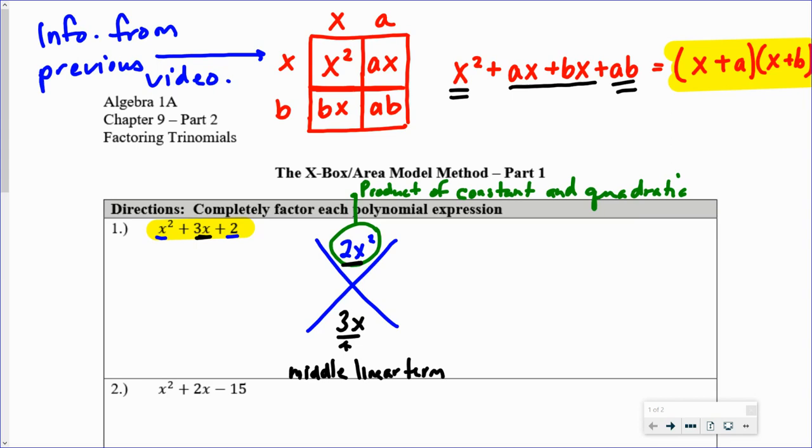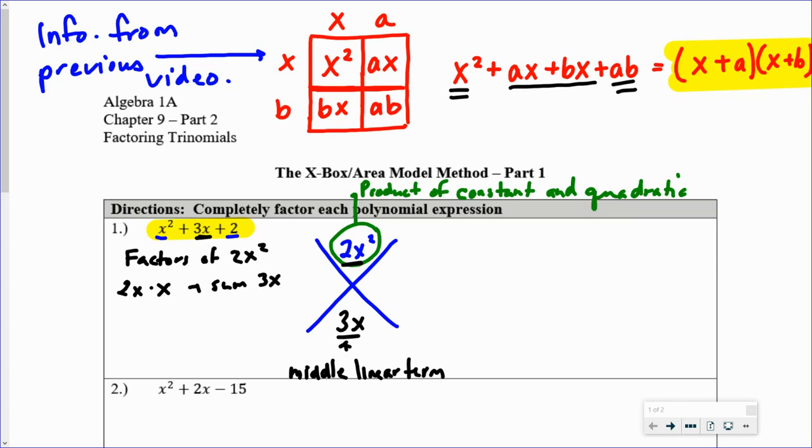So let's think about some factors of 2x squared. So we have 2x times x. If we multiply 2x times x, we get 2x squared. And the sum is 3x. So that actually works out nicely.